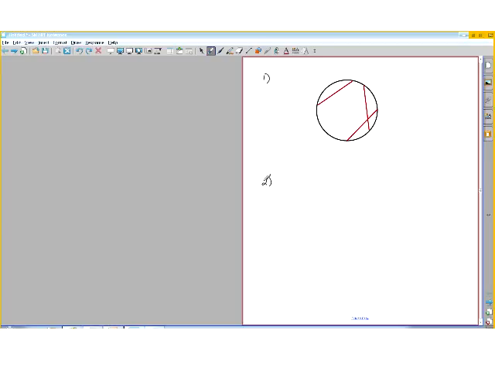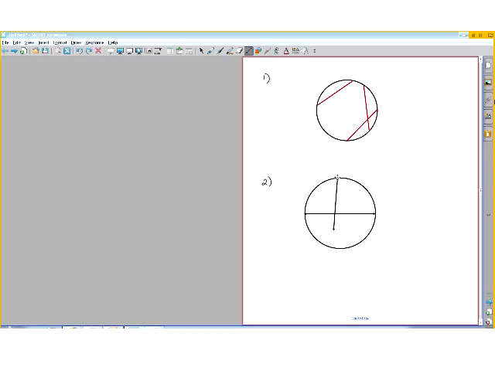Okay, question number 2. The segment joining the center of a circle to a point on the circle is called what? Well, there are probably 2 answers you might think of. One might be radius, one might be diameter. Well, the radius is from the center of the circle. And this is the diameter.